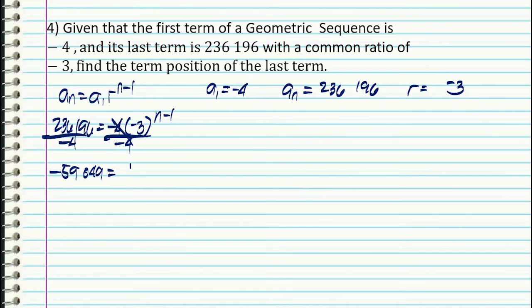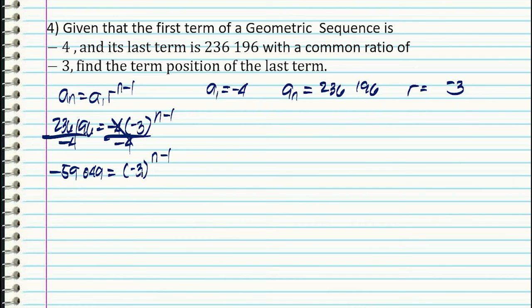Then we copy negative 3 raised to n minus 1. We cannot divide both sides by negative 3 since negative 3 is raised to an unknown variable. We don't know the value of n yet.